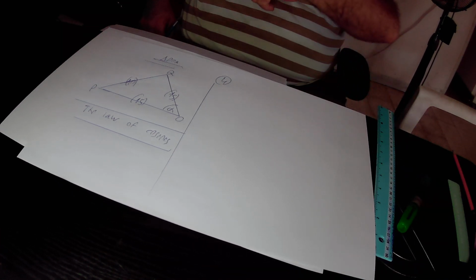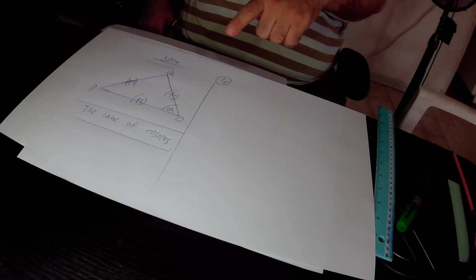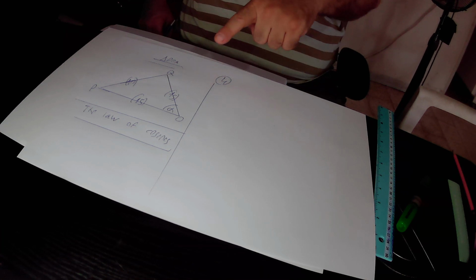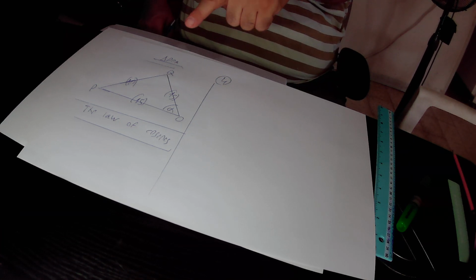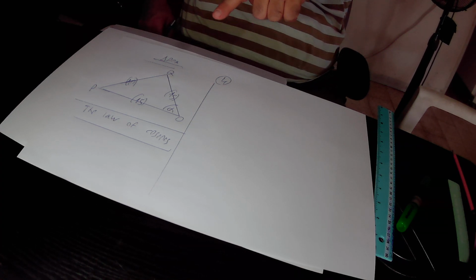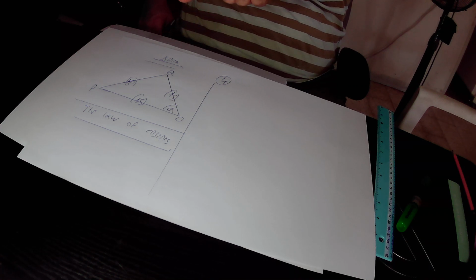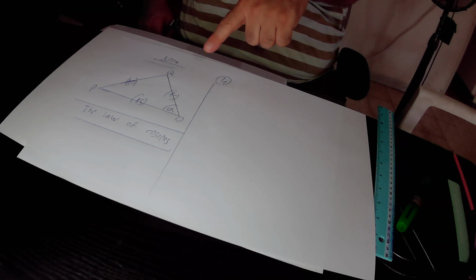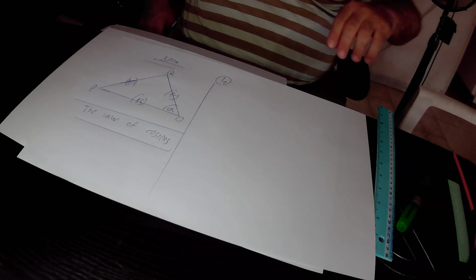According to the law of cosines in this triangle POQ, cosine alpha equals 15 squared plus 15 squared minus 10 squared over 2 times 15 times 15. I'll write it down.